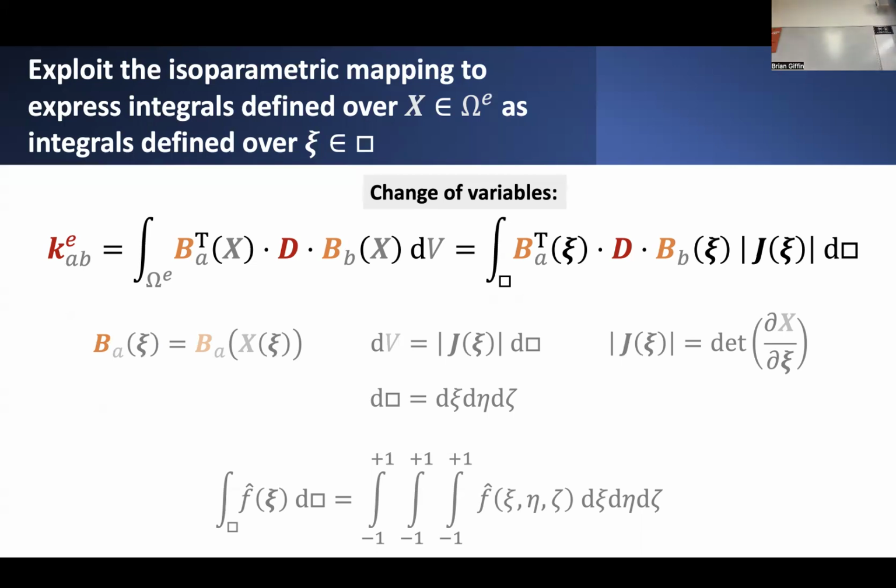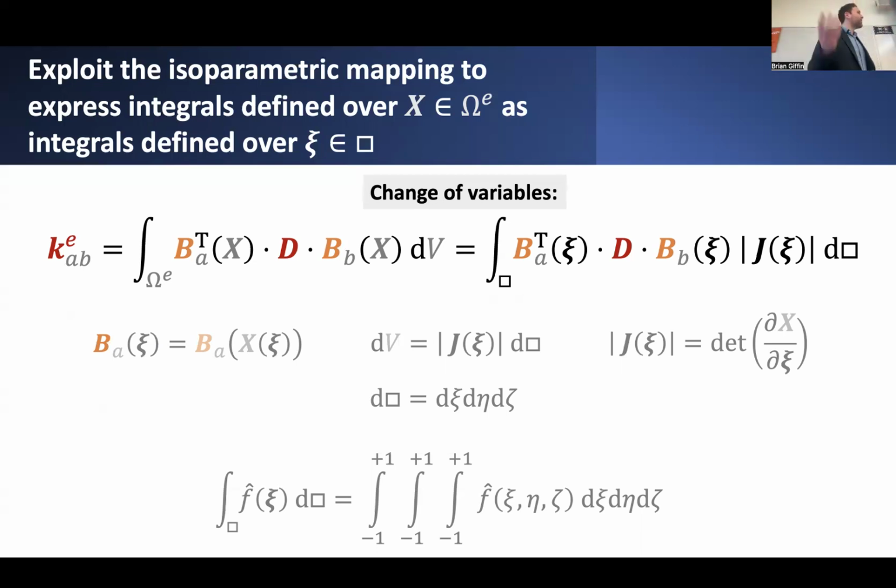This can be replaced by saying that dΩ is equal to the determinant of the resulting Jacobian of this isoparametric transformation, where the Jacobian, recall, was simply the partial derivative of that X expression taken with respect to each of the different components of ξ, η, and ζ.